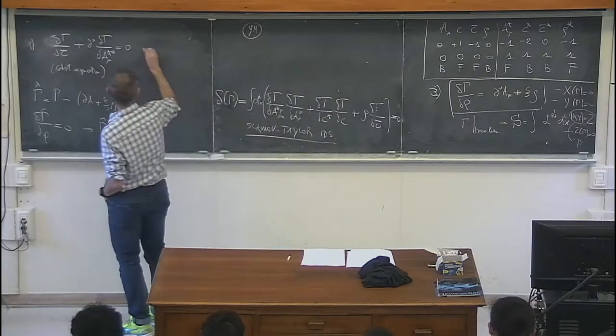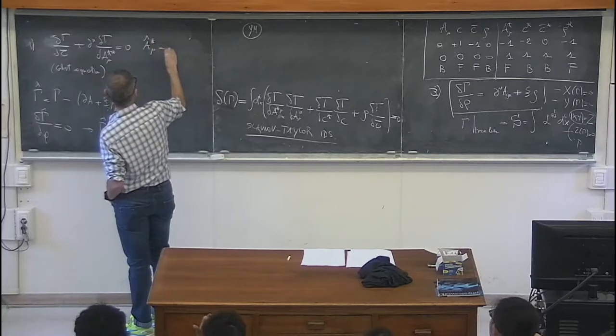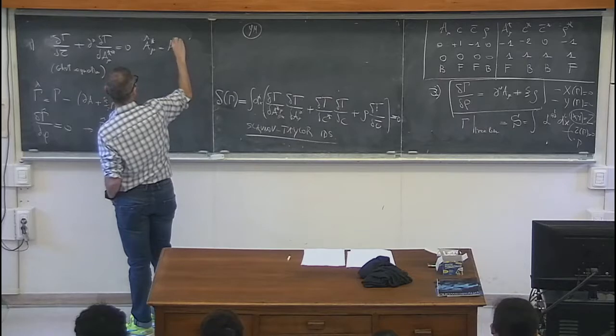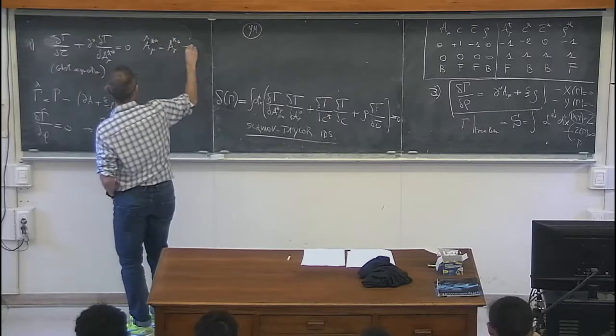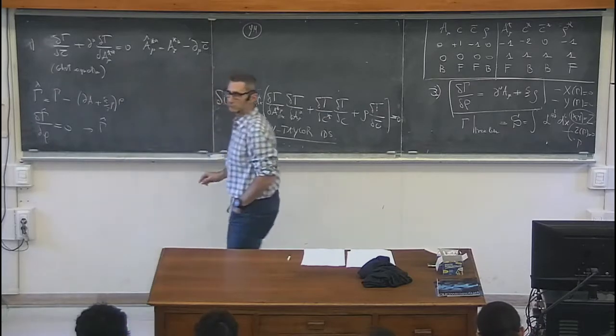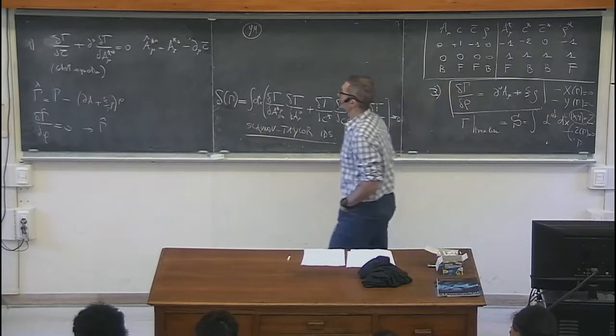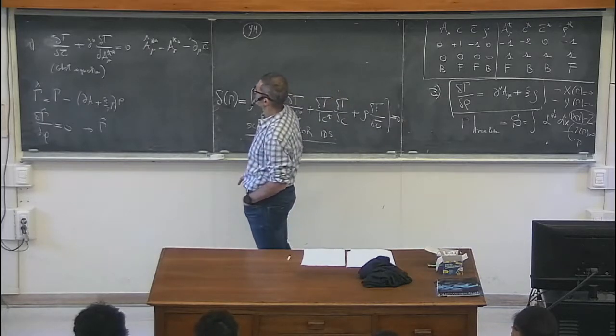And that is very easy to solve. To solve it, you just redefine these fields, these anti-fields, in this way: A mu star hat is A mu star minus the derivative of C bar. I redefine in this way, okay?